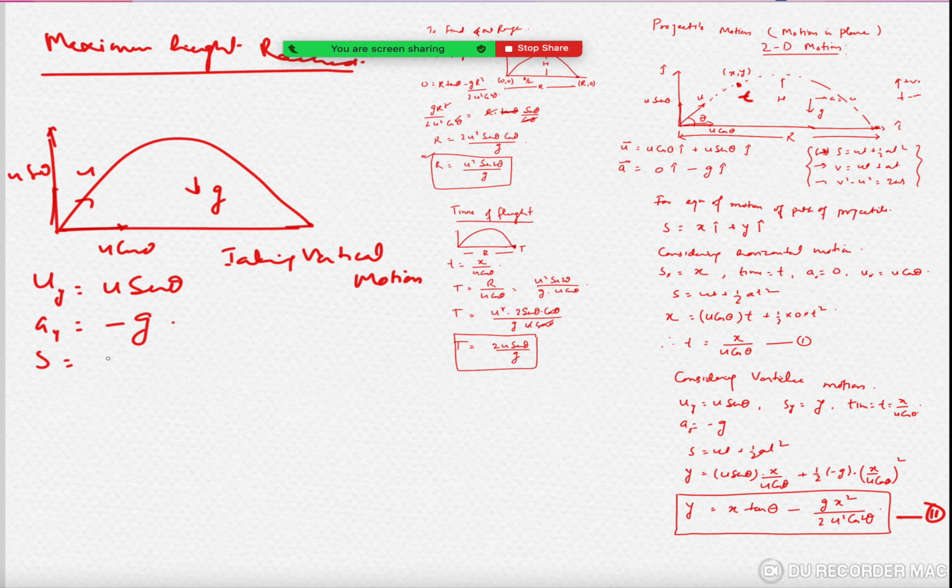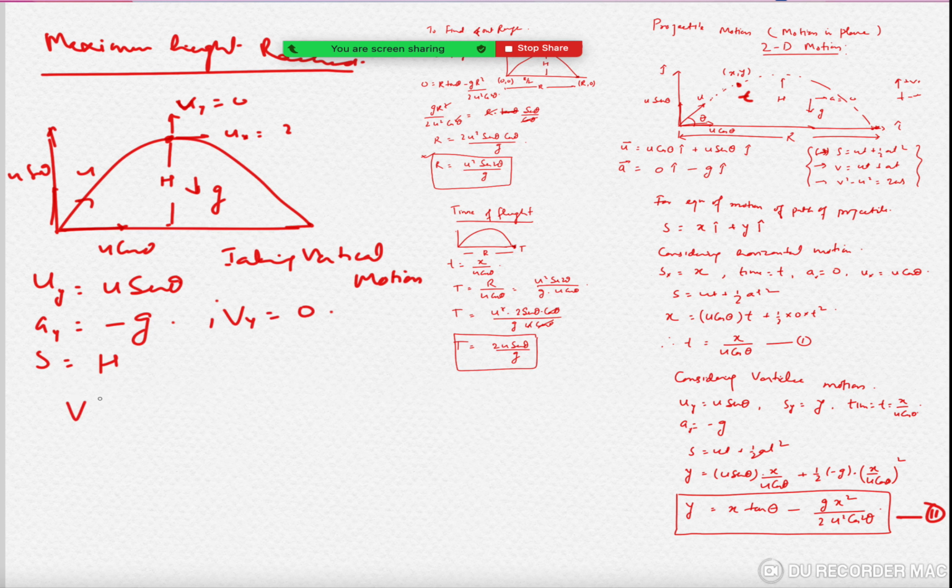The displacement is h, the maximum height reached. It will not go further, because at this point of time the velocity v_y becomes 0. This component is there, u_x will be there with something. That is why it will go this way, and due to acceleration it will come down. So at this point of time the final velocity v_y can be said as 0.